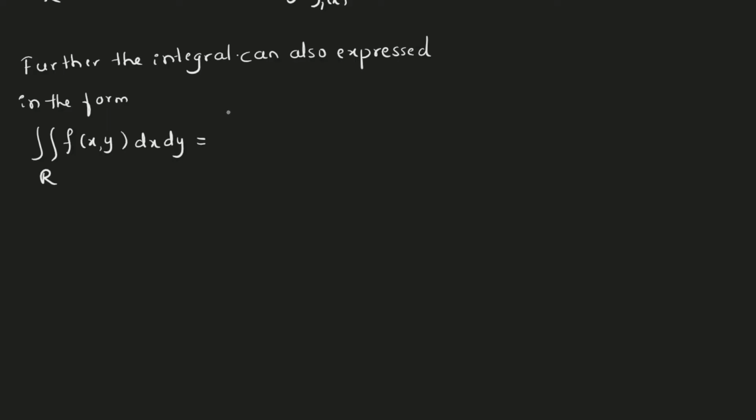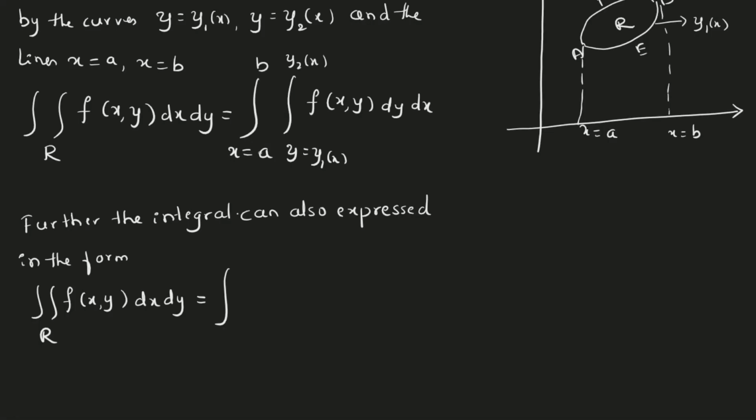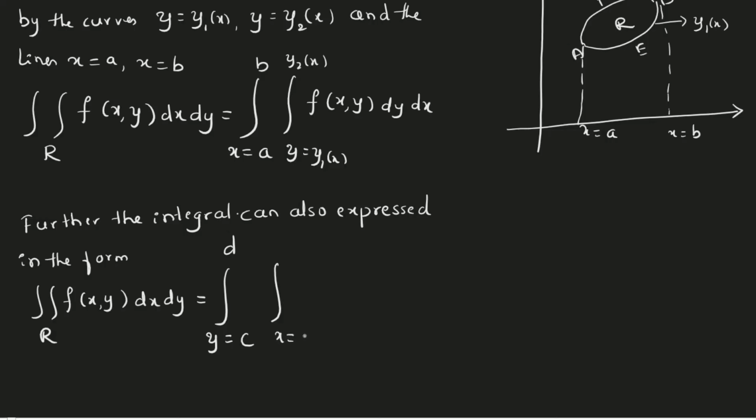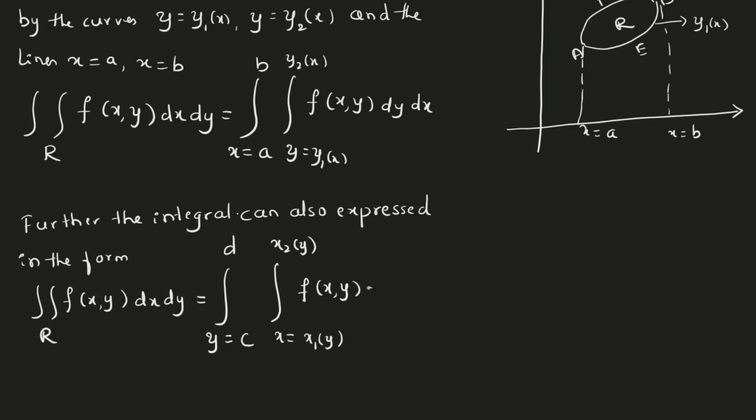As I said, above, x was expressed with constant limits. Now we express y with constant limits c and d, and x is expressed as a function of y, that is x1 of y, x2 of y, f of xy dx dy, because the first integral represents the x limits. That's why dx dy.